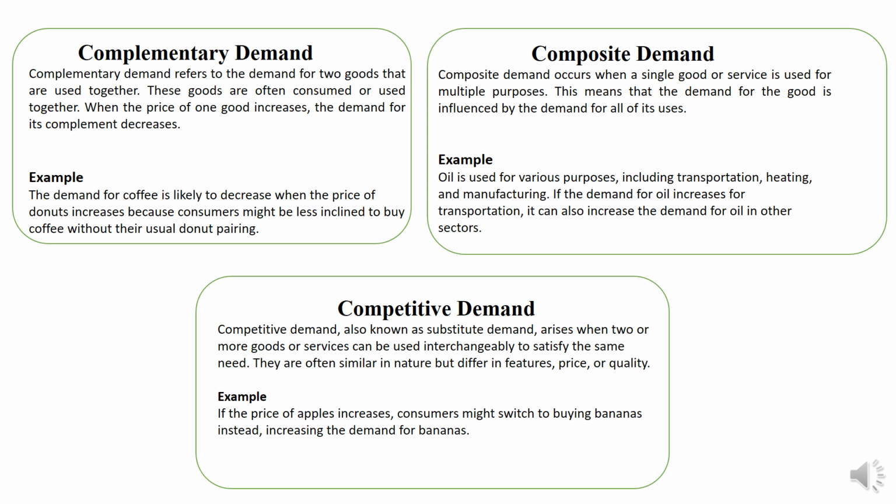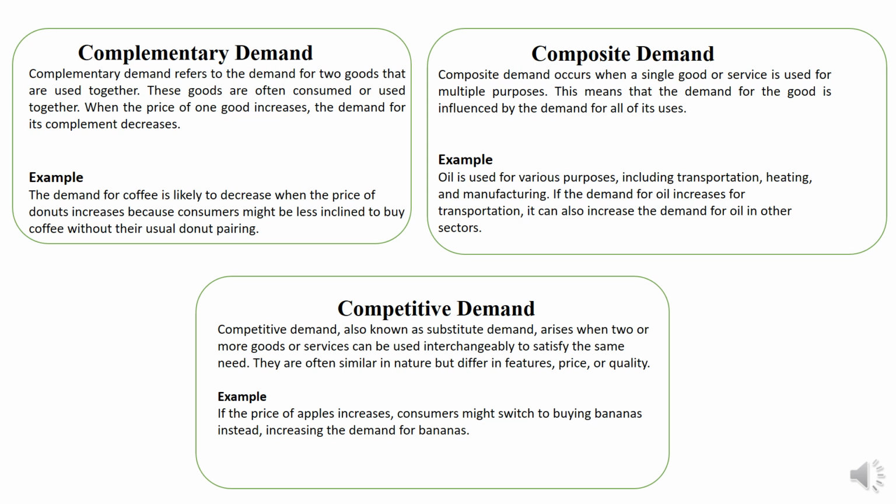Competitive demand, also known as substitute demand, arises when two or more goods or services can be used interchangeably to satisfy the same need. See, for example, if one particular product is getting costly, then I will use a substitute or similar product to satisfy my needs, right? So what is the best example for this?